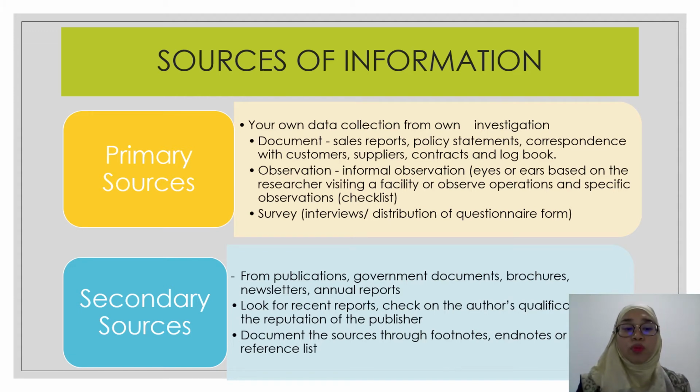The first one would be primary, and the second one would be secondary. Primary is when you collect your own data. You do the investigation yourself, and you can choose three mediums. The first one is document, then observation, and you can also conduct a survey. But one thing you have to remember about primary sources is that it is your own conduct.